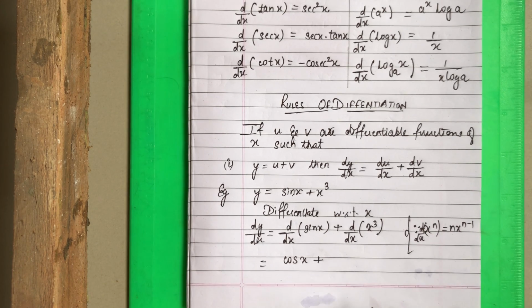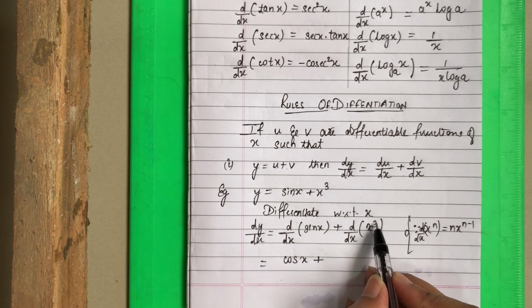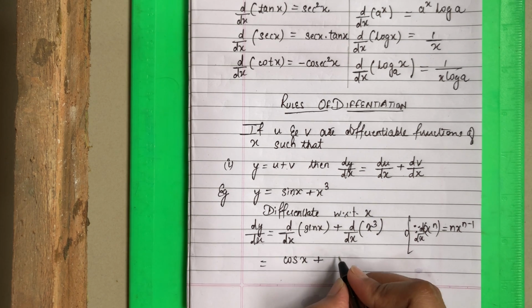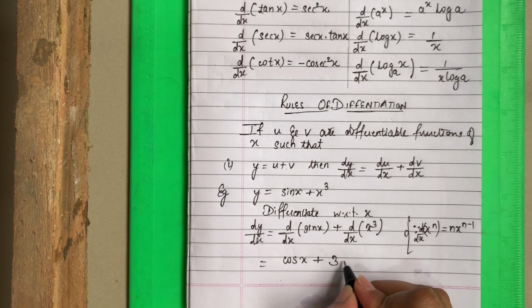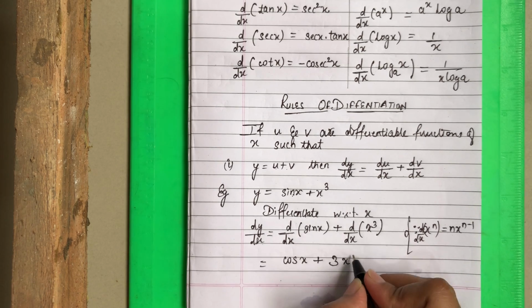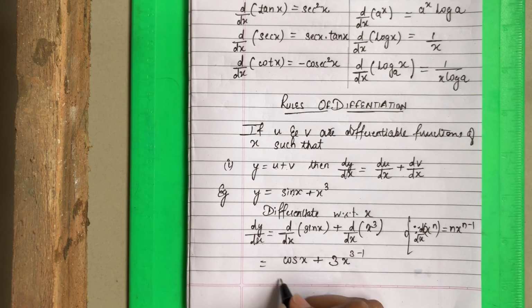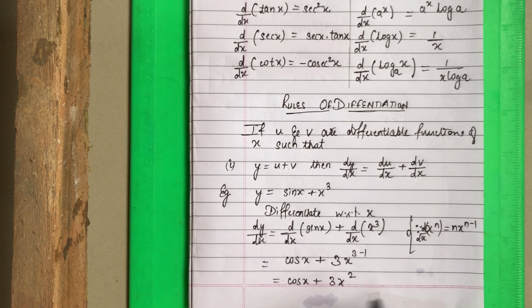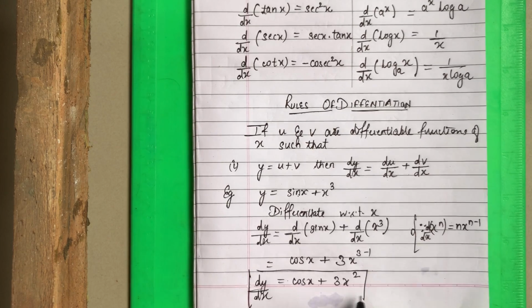This formula we are using here. Here the value of n is 3. So this will become 3 into x raised to the power 3 minus 1. So the answer is cos x plus 3x square. This is the value of dy by dx.